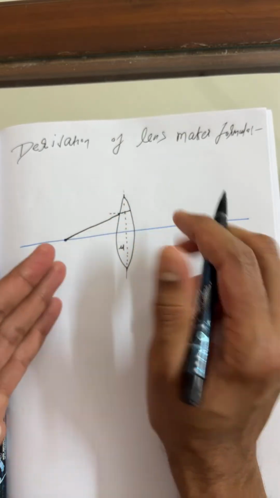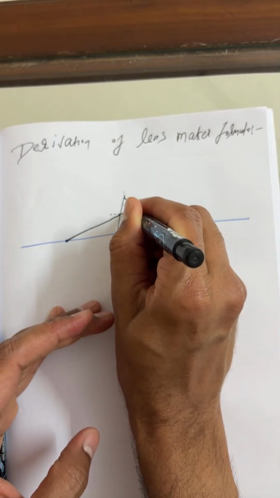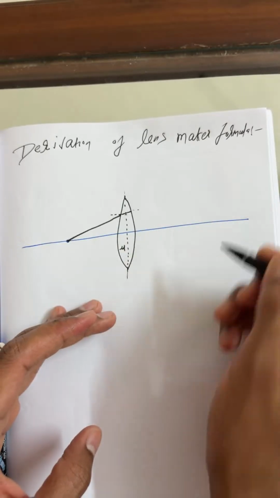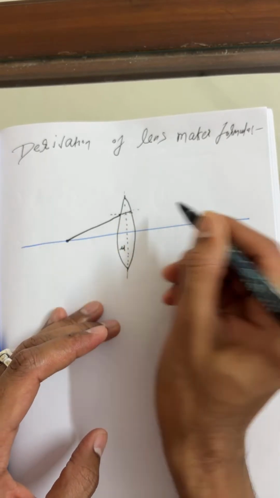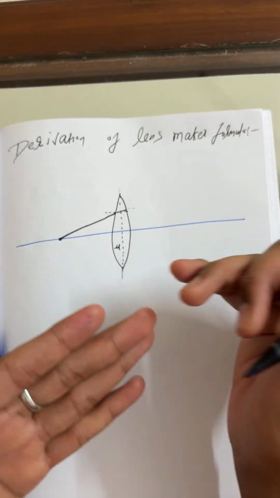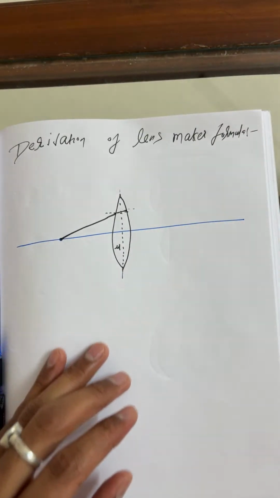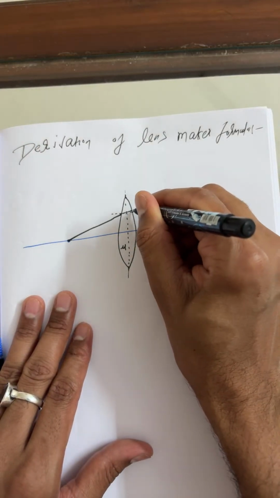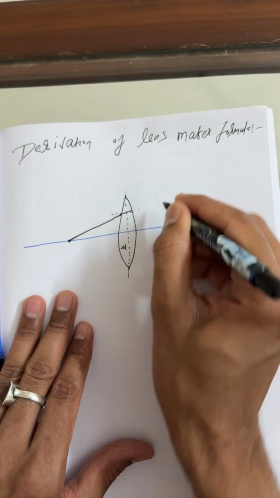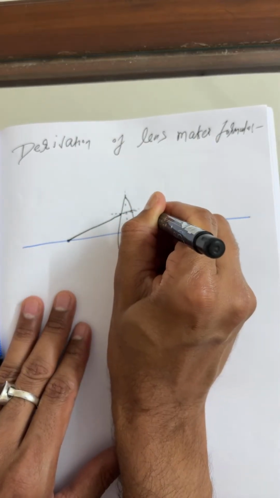And now the ray again emerges from here. So I'll make the normal over here. The ray goes from denser to rarer, so it bends away from the normal. So just now, students, I'm going to make the further diagram.